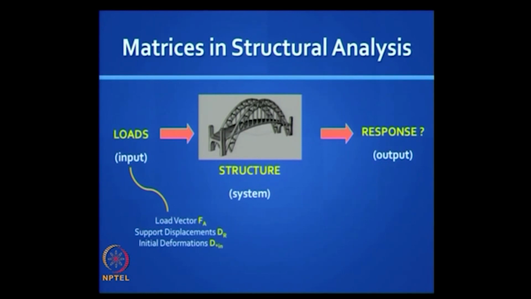You may have some initial deformations or temperature changes, and what you need to find is the displacement at all the degrees of freedom that you have identified, the active coordinates. You need to find the support reactions, you need to find the internal forces.